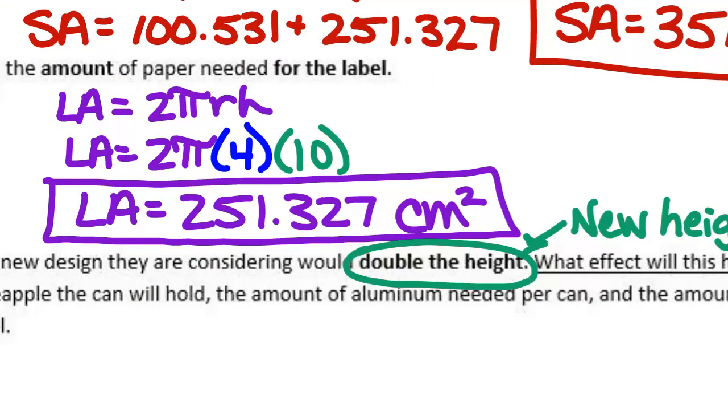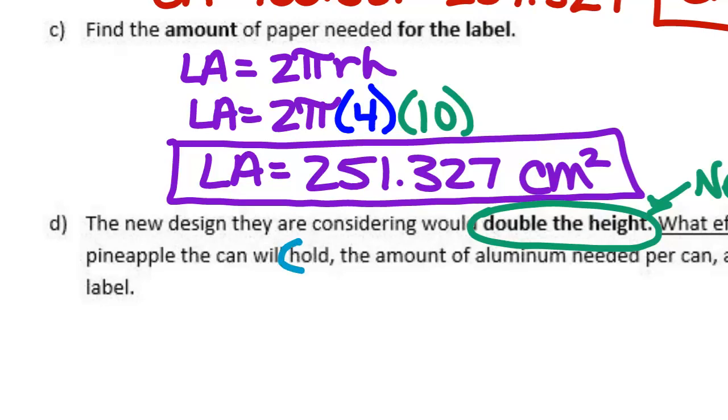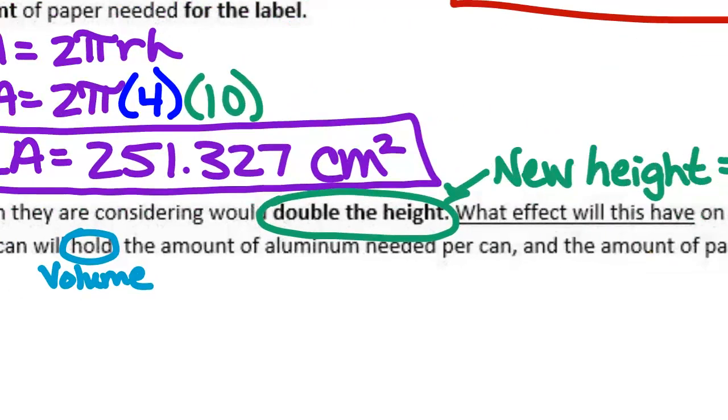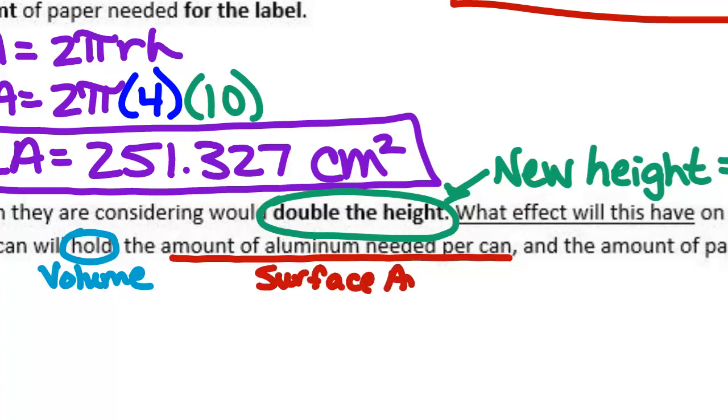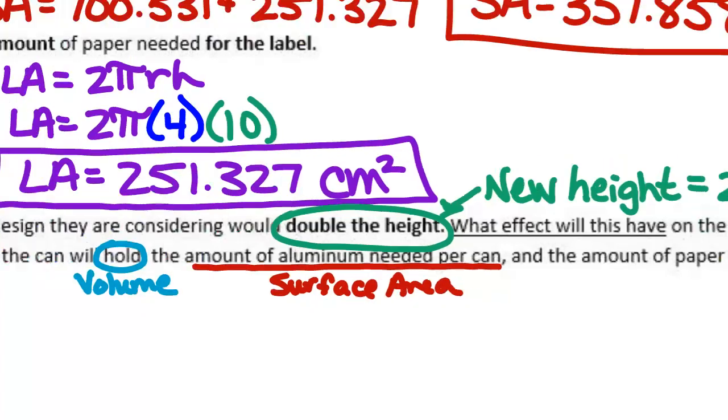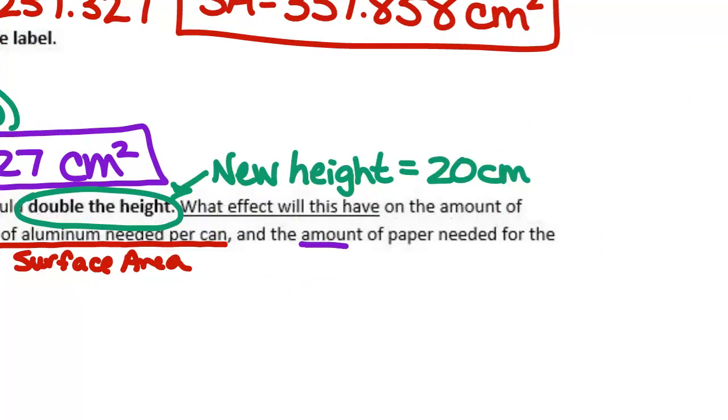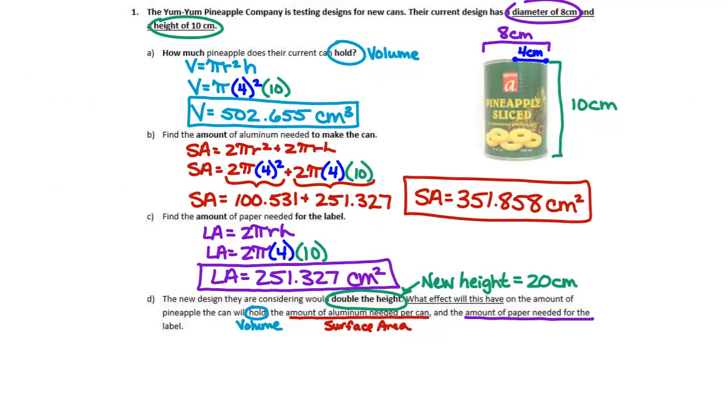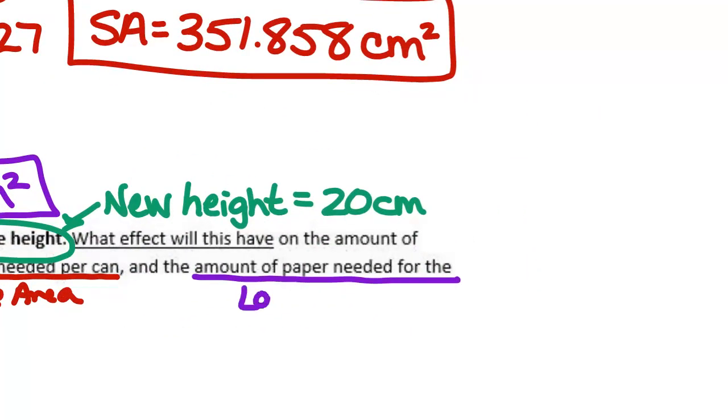Well, if we're talking about the amount of pineapple the can will hold, that is volume. The amount of aluminum needed per can, that's surface area. And the amount of paper needed for the label, that's my lateral area.